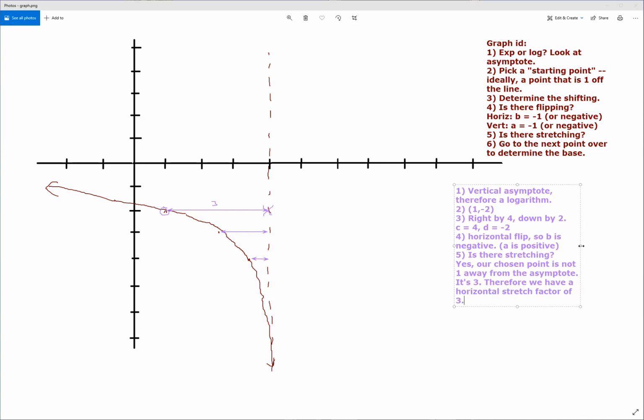I guess I will end up talking a little bit about B after all. If this was in the vertical direction, we would have an A value of 3, and therefore A is just straight up 3. But the thing we have to watch out for, B is a little weird. It's backwards. When I say B, I'm talking about B as in the ABCD, not B as in the base of the logarithm. It's backwards.